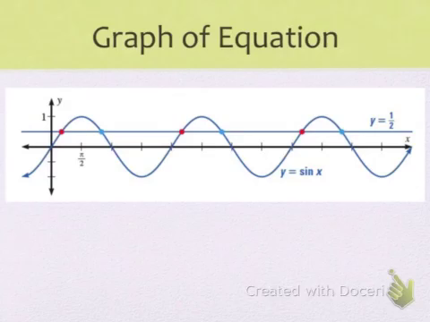So if we look at this graphically, you can see here that we have the graph of y equals sine x, and then since we ended up with that being equal to 1/2, we also have the line y equals 1/2. And every place we have an intersection point, that is a possible x value that would be a solution.